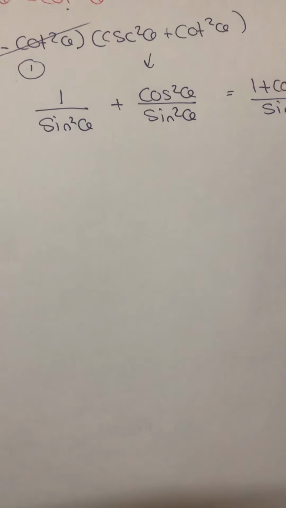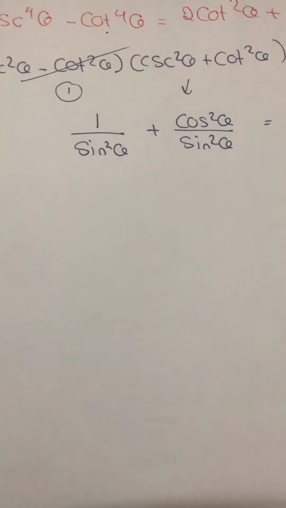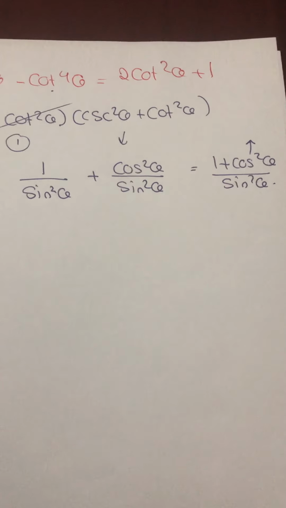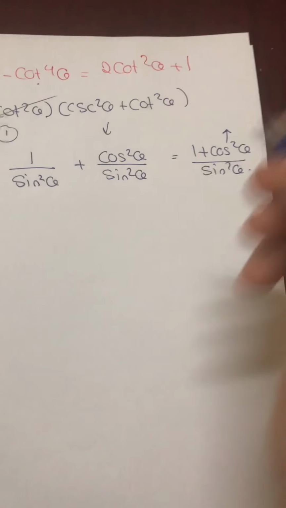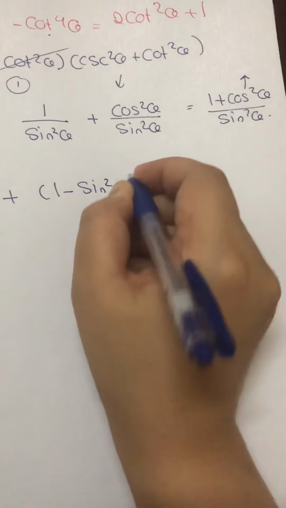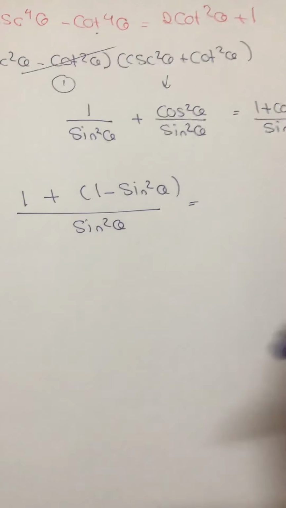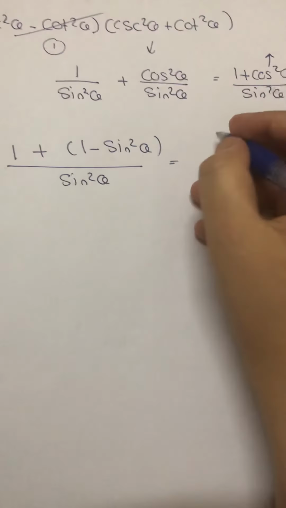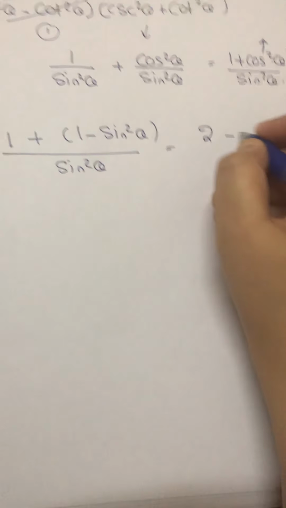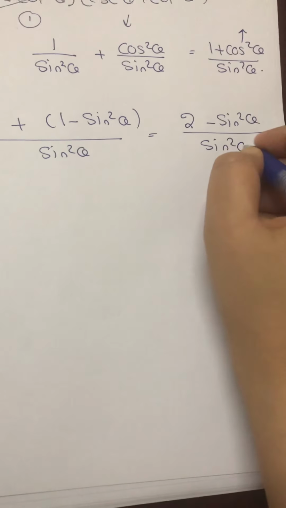Okay, what will I do now? I'm thinking of changing cosine squared theta to sine squared theta. So 1 plus cosine squared theta is 2 minus sine squared theta, all over sine squared theta. If you simplify, you're going to get 2 minus sine squared theta over sine squared theta.